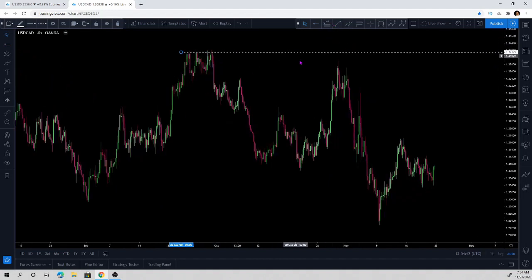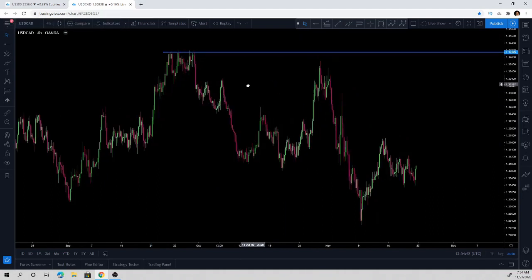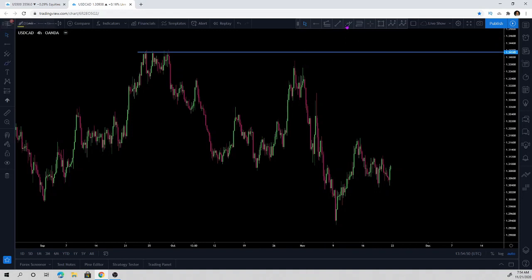Now, you need to understand that the resistance levels, and let me just use a thicker line, you need to understand that levels of support and resistance are not straight lines, but they are zones, right? They're zones. Why? Because sellers are not going to position themselves on one single level of price.